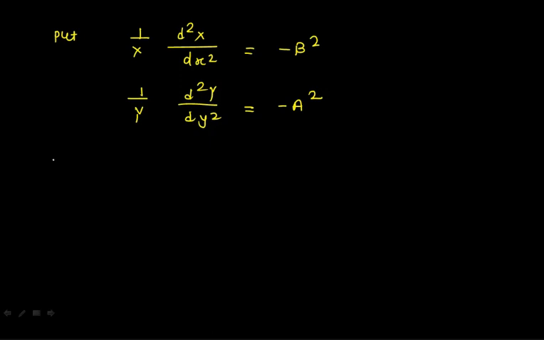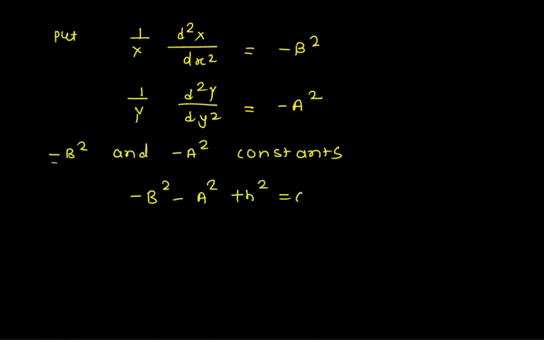Here minus b square and minus a square are constants. If you put all these things in the equation, this becomes minus b square minus a square plus h square is equal to 0. Otherwise you can write h square is equal to a square plus b square.